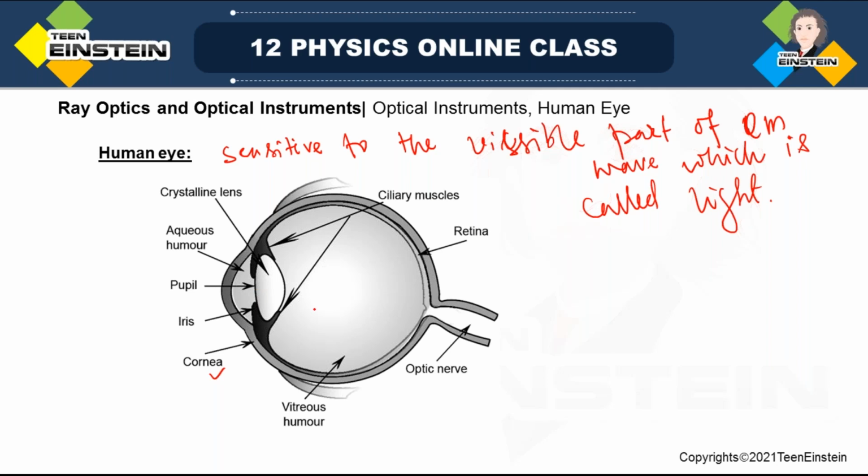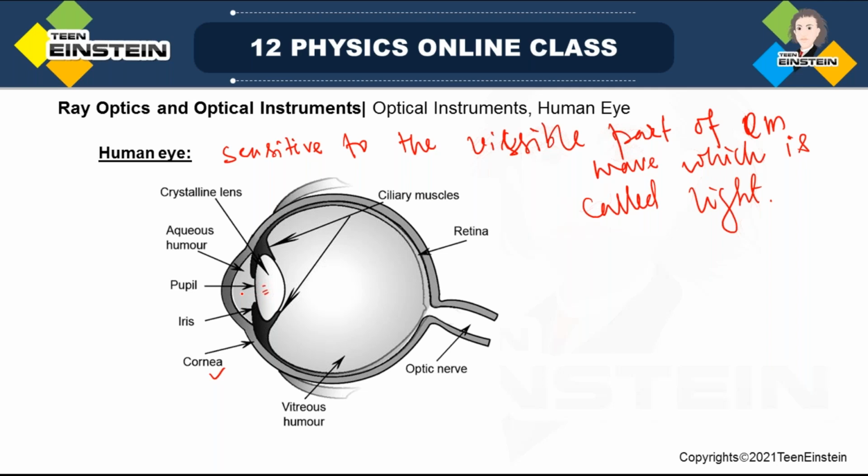Now we'll see the aqueous humor, some liquid in between the lens and the cornea. This is called the lens, and this is the cornea. Between cornea and lens, there is a liquid. This liquid gives a certain specific amount of pressure to the eye, so that it has a good balance.